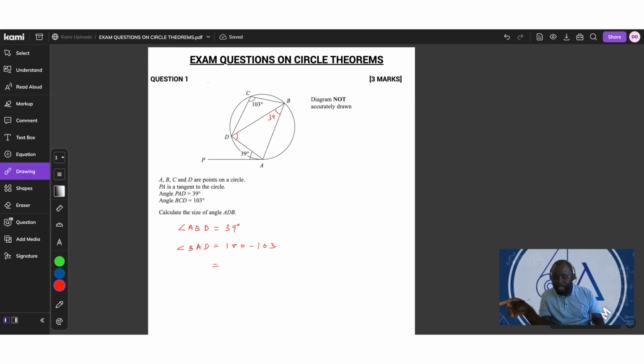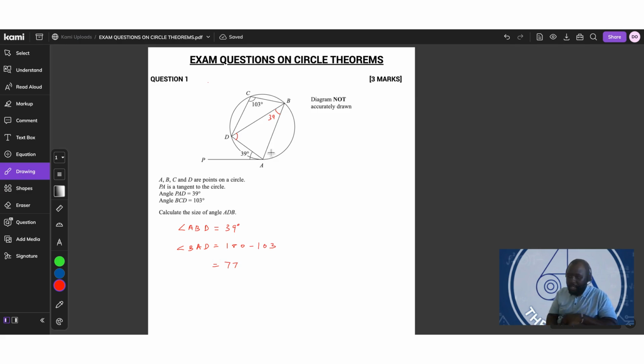Now, the reason why angle BAD is 180 minus 103 is because if you look at ABCD, it has 4 vertices touching the circumference of a circle, and therefore it is a cyclic quadrilateral. And opposite angles in a cyclic quadrilateral add up to 180. So if I take my calculator and say 180 minus 103, this gives me 77 degrees. So that is angle BAD.